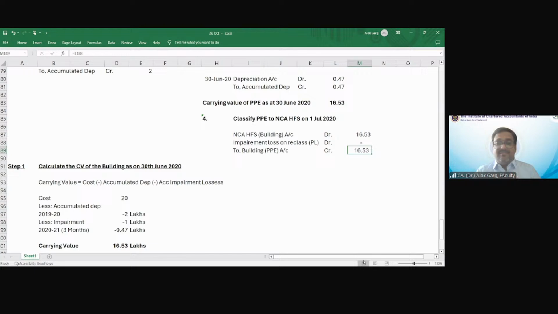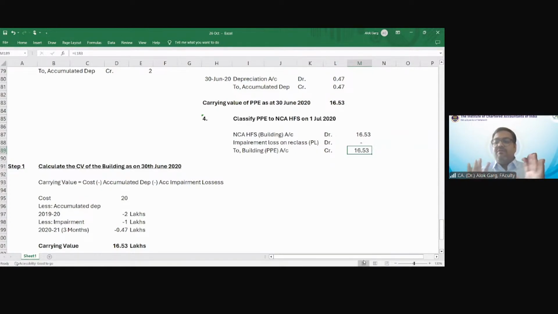So my dear students, please remember, up to 30th June 2020 midnight, रात को 12 बजे, midnight 12, it was PP. From early morning 1st July 2020, it is NCA HFS. The cost model, revaluation model concept was there when it was a PP.